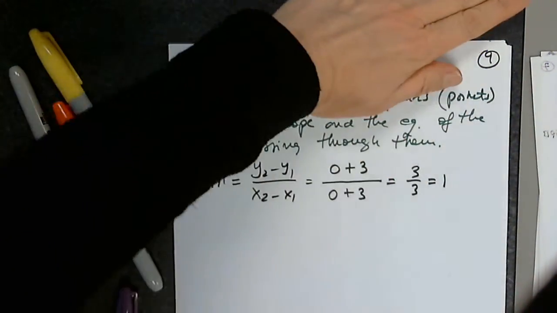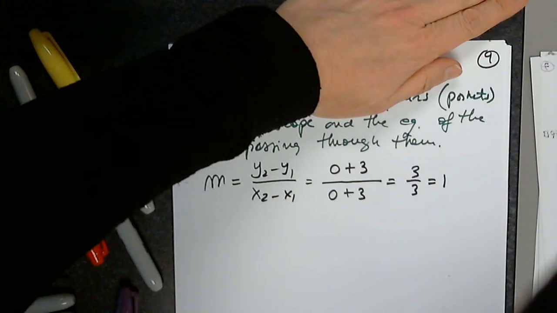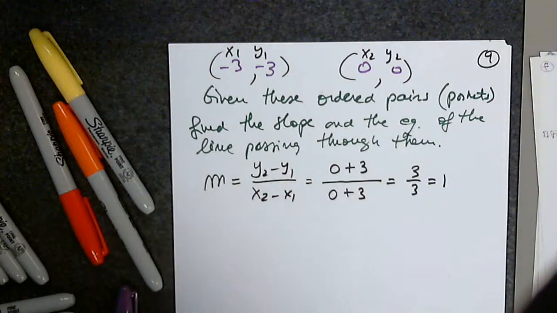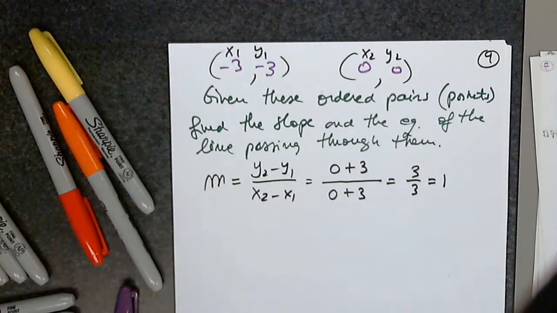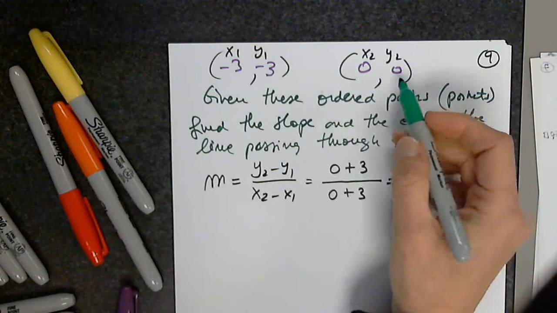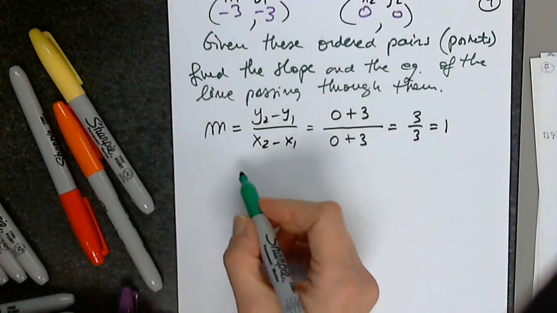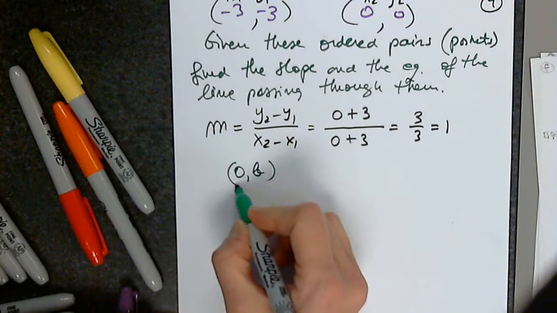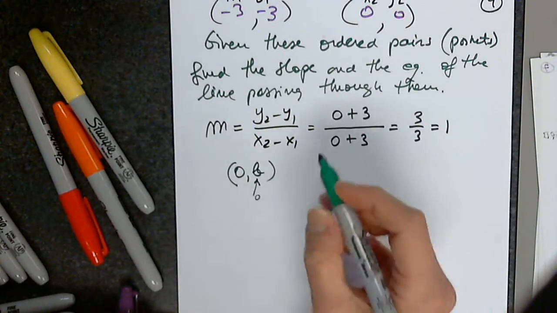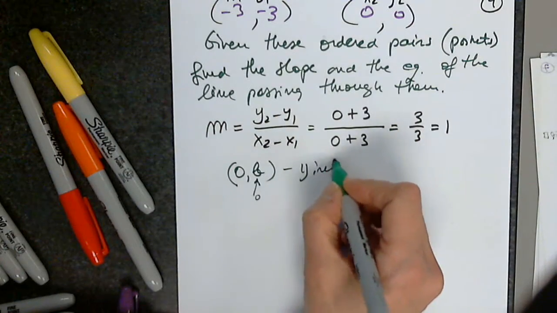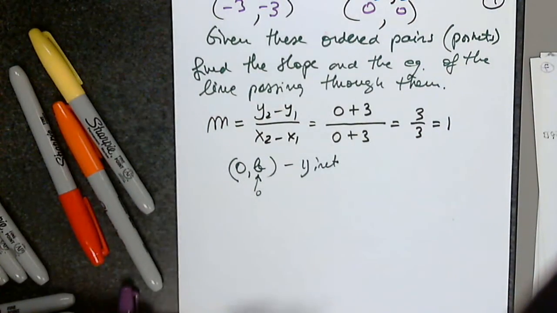Because if I don't have a point with x equals 0, then I cannot use the next step that I'm going to show you right now. Yeah, you do. I do. So I do have the y-intercept, 0 comma b, in our case is 0, is the y-intercept.